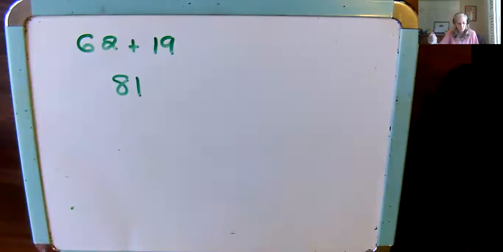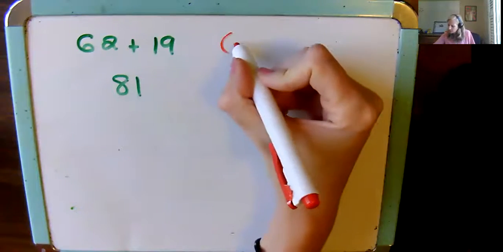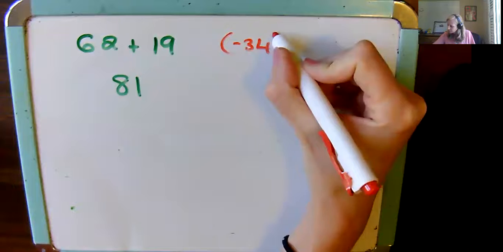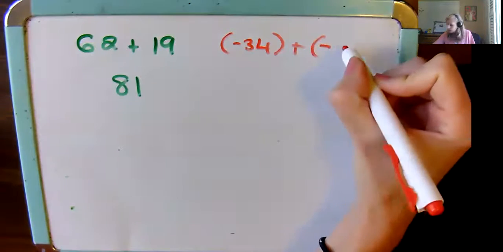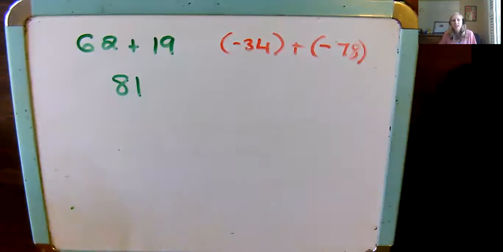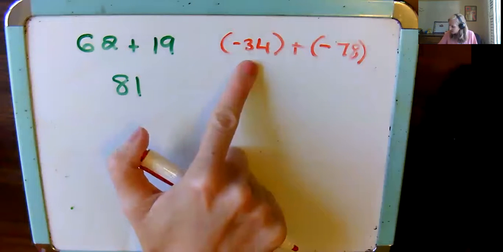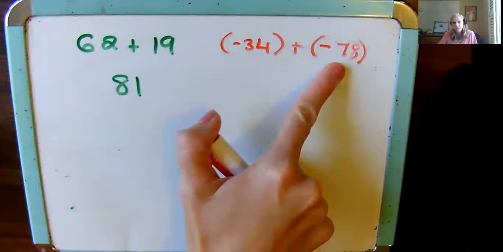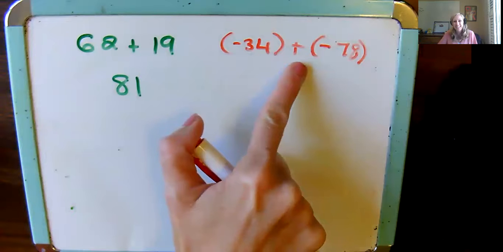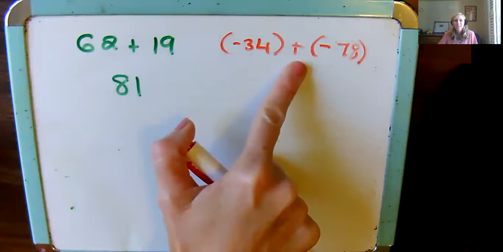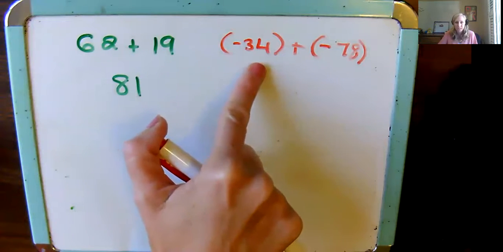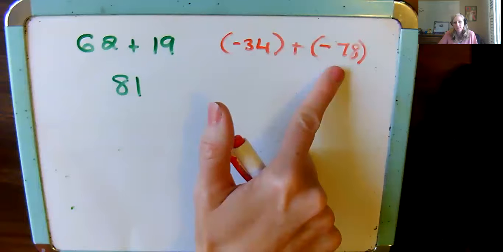Let's try one with negative numbers. Negative 34 plus negative 78. Ask yourself, what operation am I doing? I have negative 34 and negative 78. I'm adding them together. What sign is your 34? The negative integer. What sign is your 78? The negative integer.